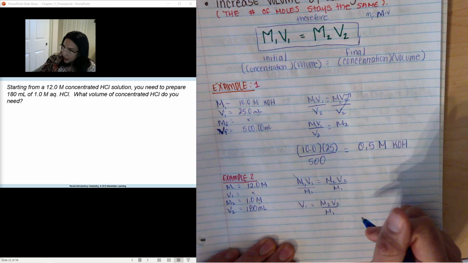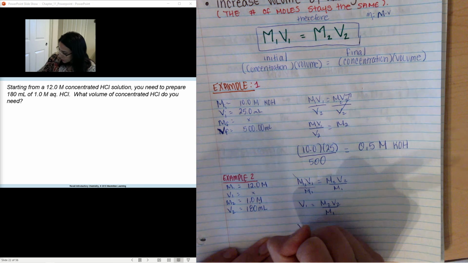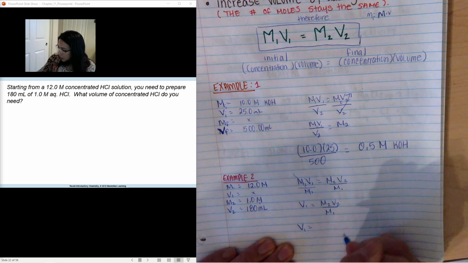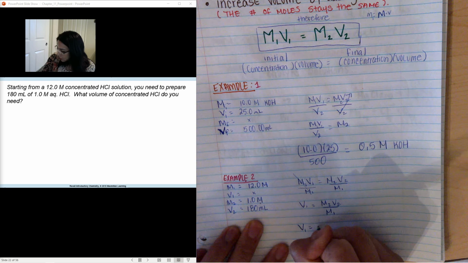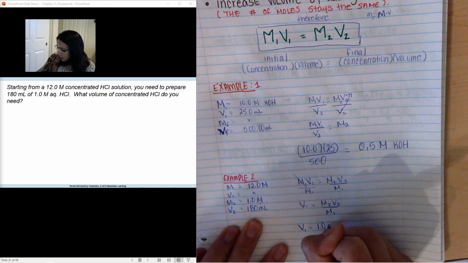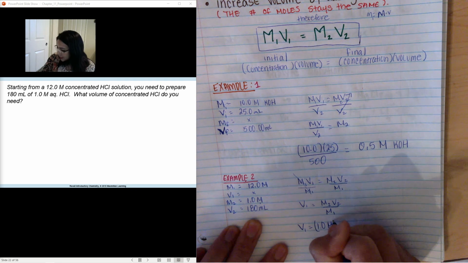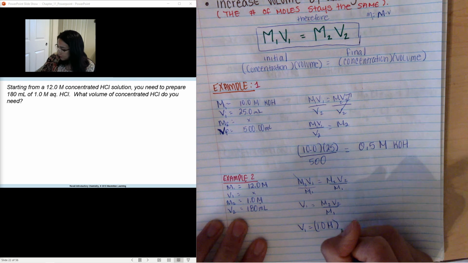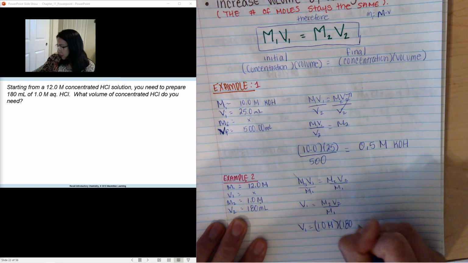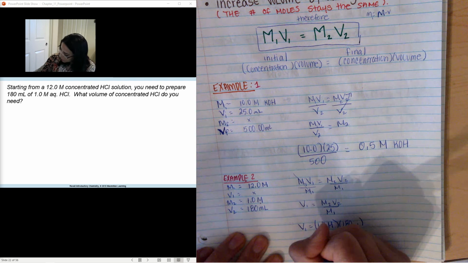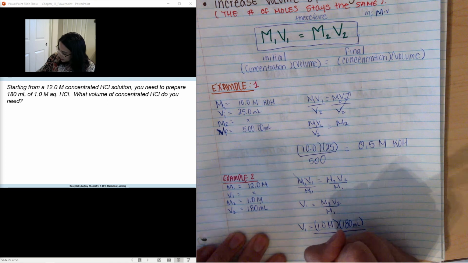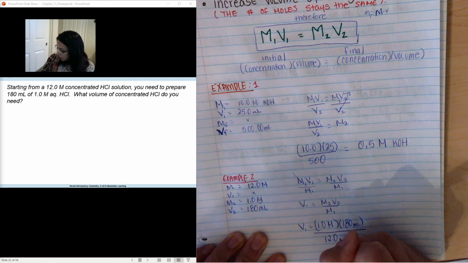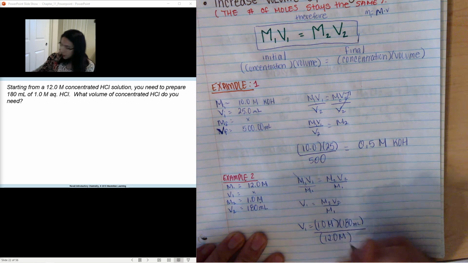So we're going to go ahead and solve our problem. V1 is equal to M2, which is 1. And you know what? I'm just going to write M so that you guys could see the units cancel out. And V2, 180 milliliters, divided over M1. And that is 12 M.